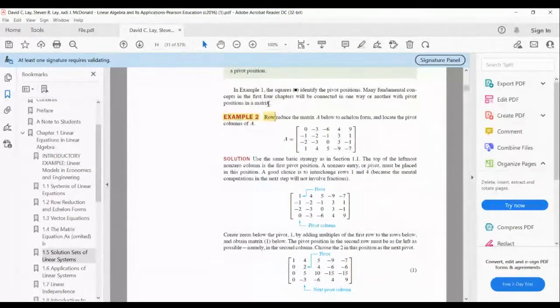But here in example 2, you have a matrix A. It's 4 rows by 5 columns, and they want you to row reduce the matrix A to echelon form and locate the pivot columns of A. Well, pivots are used in a column. A pivot is used to produce zeros in the column below the pivot.